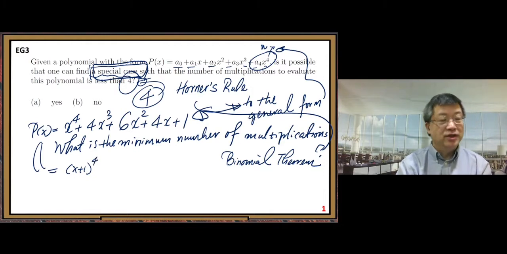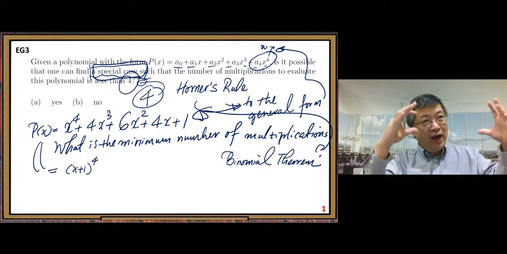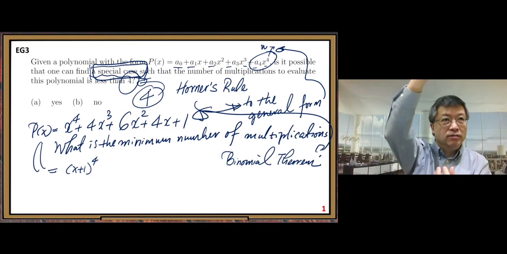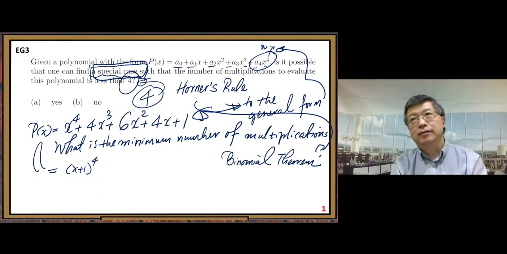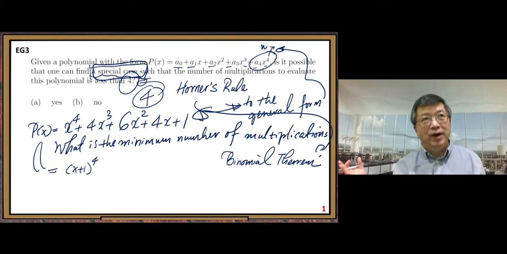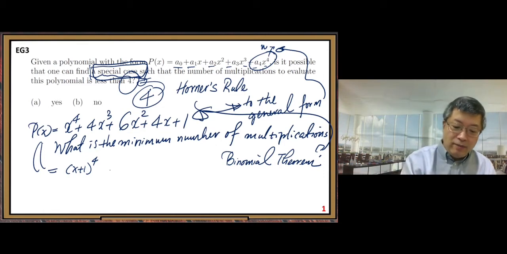Binomial, two terms, x plus 1, then to any positive integer exponent, that power. You can easily find it on the web. Based on the binomial theorem, you have that.